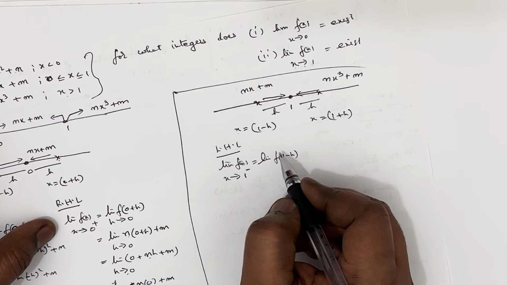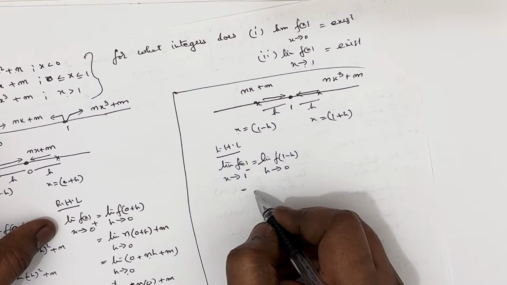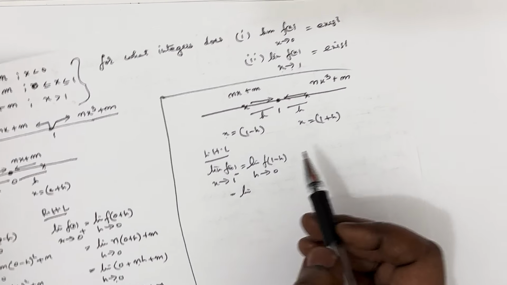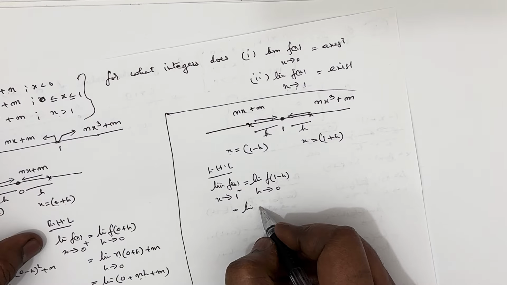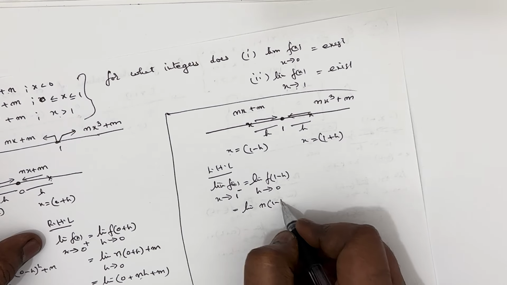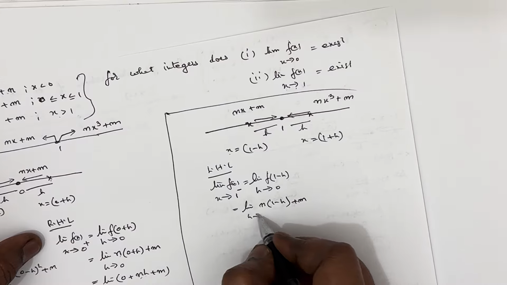Now x is replaced with 1 minus h, and h tends to 0, so limit n into (1 minus h) plus m, h tends to 0.